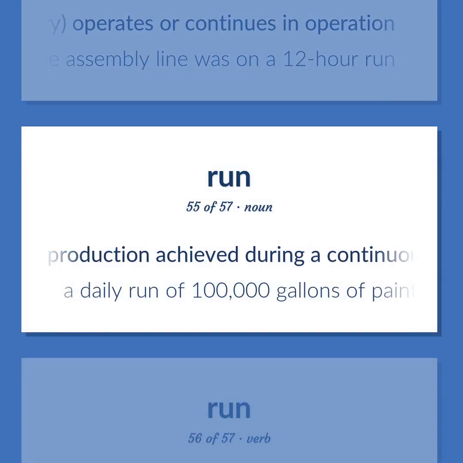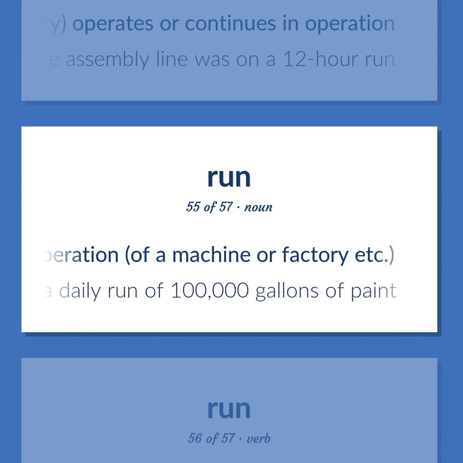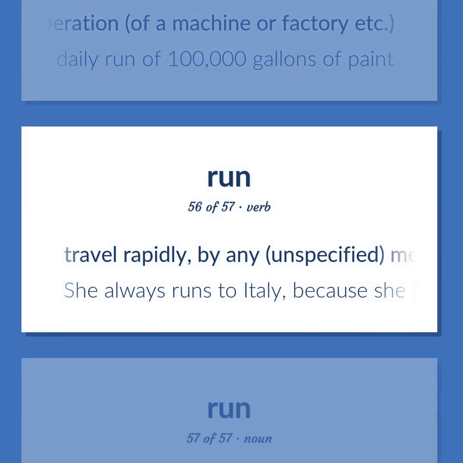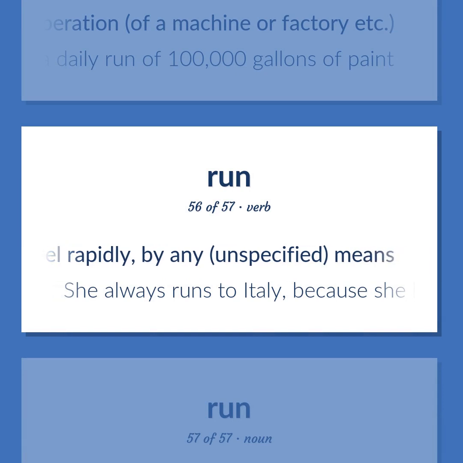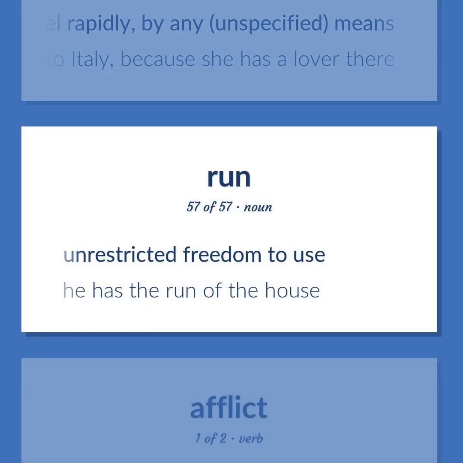The production achieved during a continuous period of operation, of a machine or factory, etc. A daily run of 100,000 gallons of paint. Travel rapidly, by any, unspecified, means. She always runs to Italy, because she has a lover there. Unrestricted freedom to use. He has the run of the house.